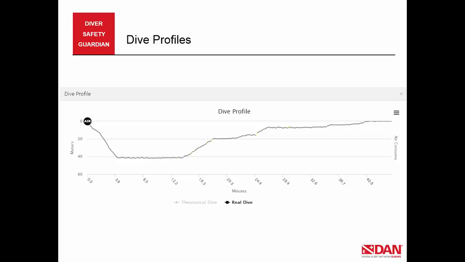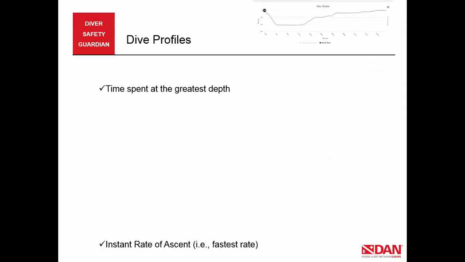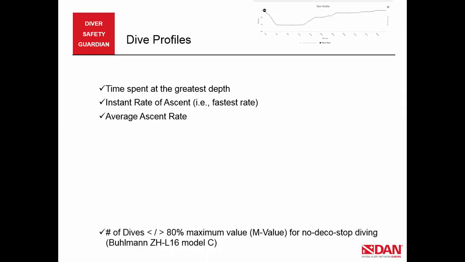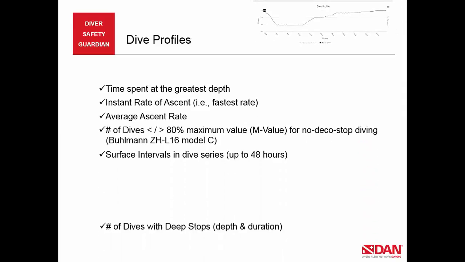The platform is sponsored by DAN membership contributions and is offered free of charge to all divers to promote diving safety. DSG also offers useful analytical functions such as determining the time at greatest depth, the instant rate of ascent, also known as peak ascent rate, and the average ascent rate.